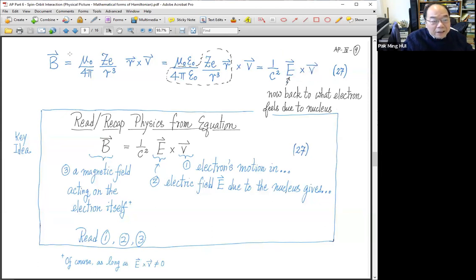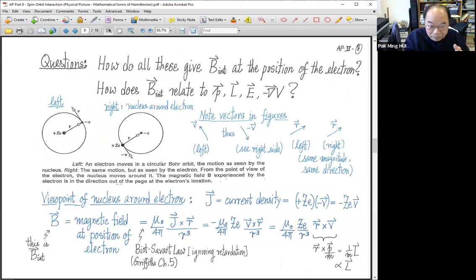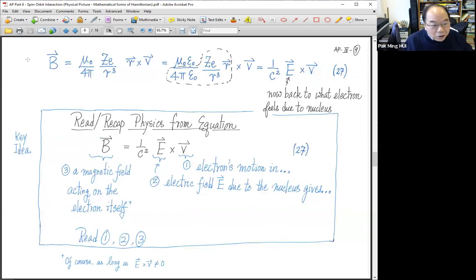So here, we don't need special relativity. We are just using E and M, Biot-Savart law, and then we got the internal B field given by this expression, okay? We are not doing mathematics, let me emphasize many times in this course. We want to get the physical picture.